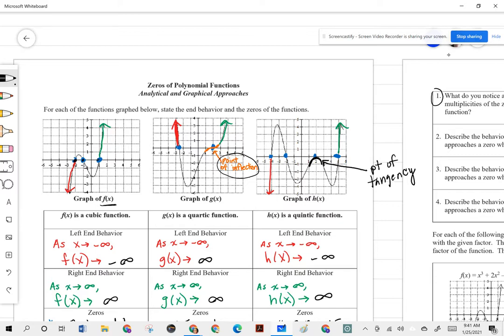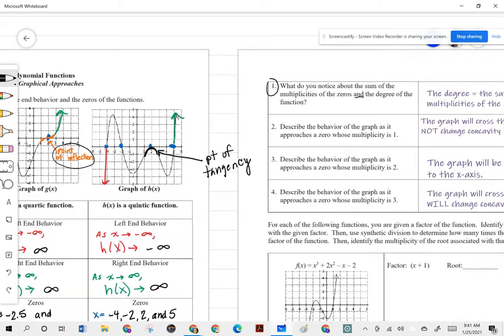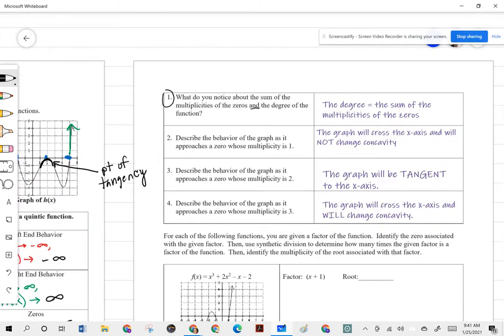We've got 1 and then 3 here, so that's 4. We've got 1, 2, 3, 4, 5 there. So really the degree is equal to the sum of the multiplicities of the zeros. So that's going to be important for you to make sure you fully understand.